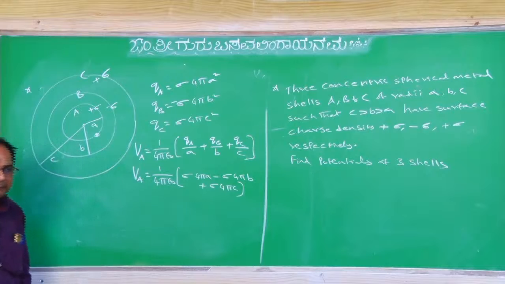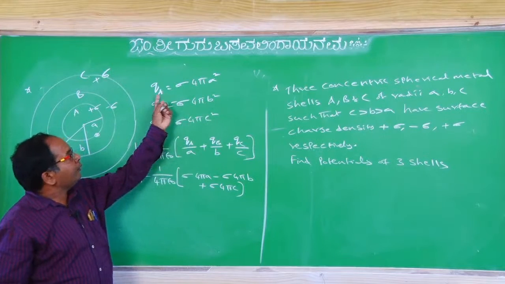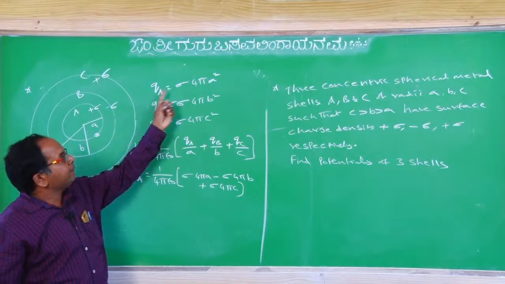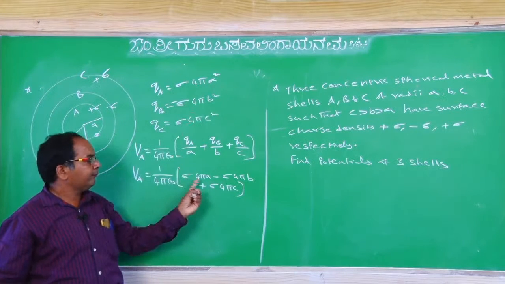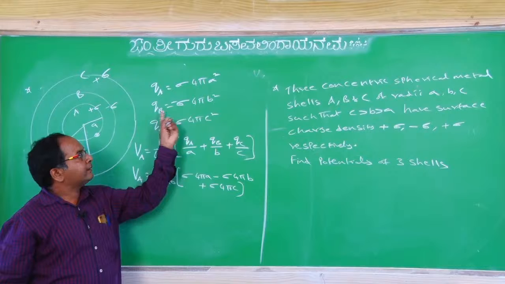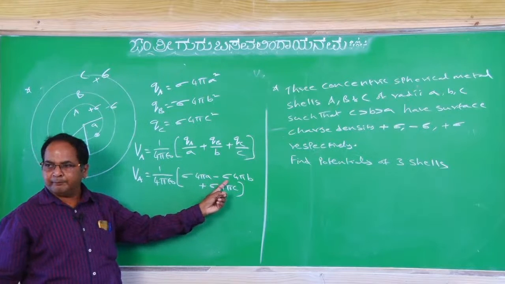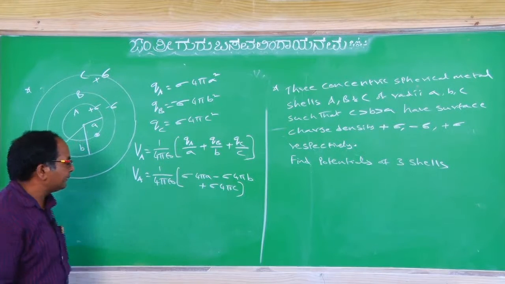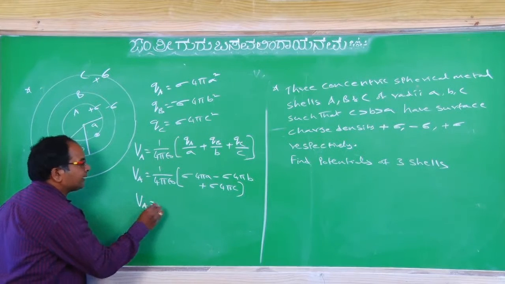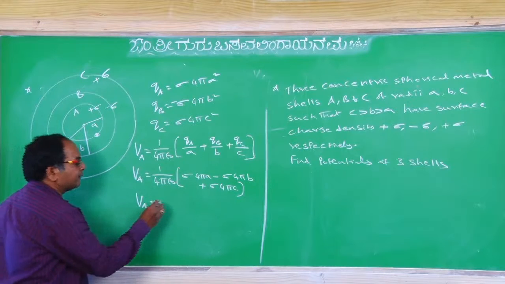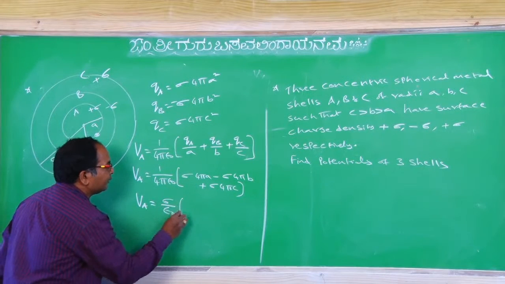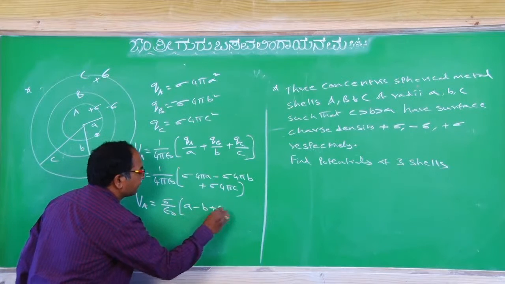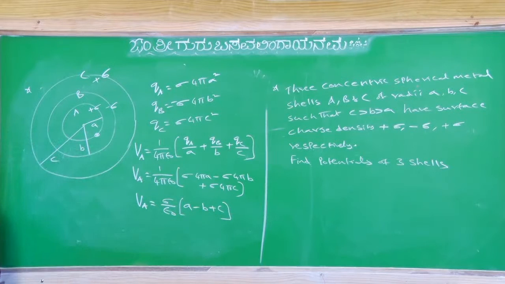Similarly, QB by b is sigma into 4 pi b square by b with a minus sign, and QC by c is plus sigma into 4 pi c square by c. So in VA, 4 pi cancels, giving sigma by epsilon naught into a minus b plus c. This is VA.